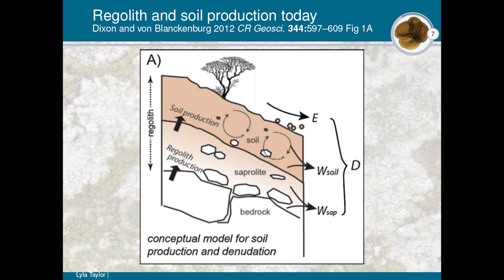So the soil is where we have the biological influence. We have plant roots, we have bioturbating organisms, and then underneath that we have this saprolite, which is usually defined as something that still looks a bit like bedrock, but you can get a hand auger through it. And then underneath that you might have fractured bedrock with weathering rinds on the fractures, and then underneath that you would have pristine bedrock.